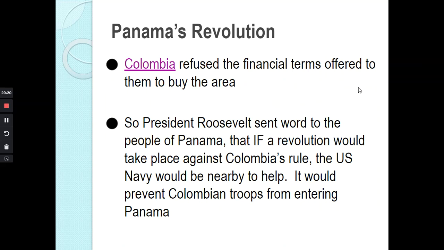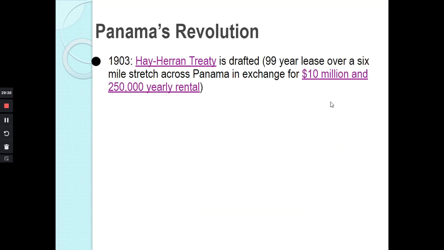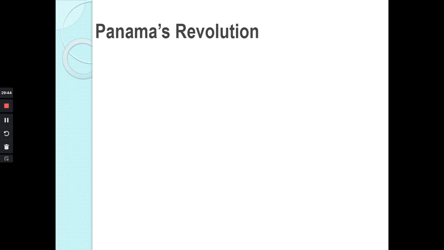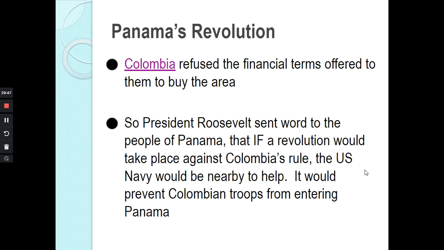Well, Colombia, they are actually the country that owned Panama. And Roosevelt sent word to Panama that if you had a revolution, of course, we would help. In 1903, there was a treaty that was drafted. Basically, what happens is we send a couple of big U.S. Navy ships to the area.